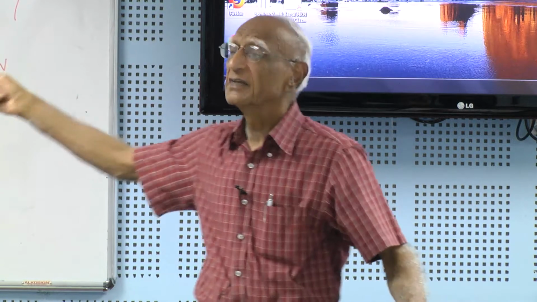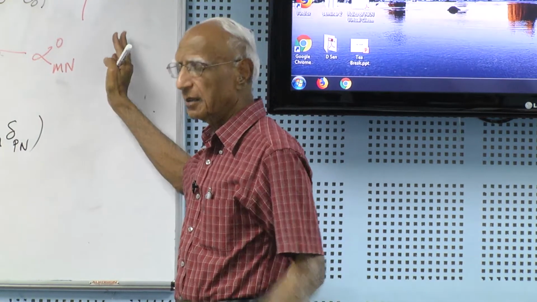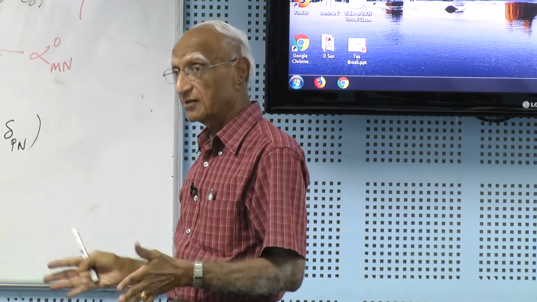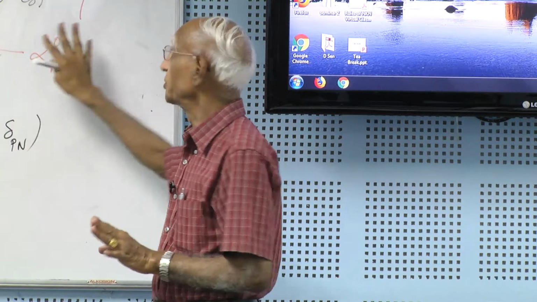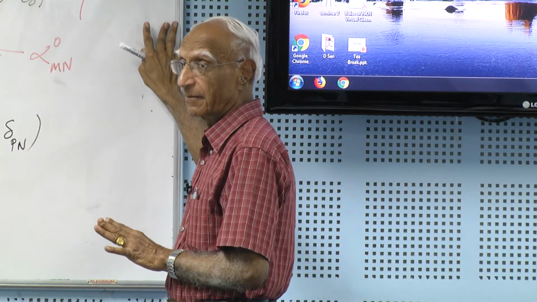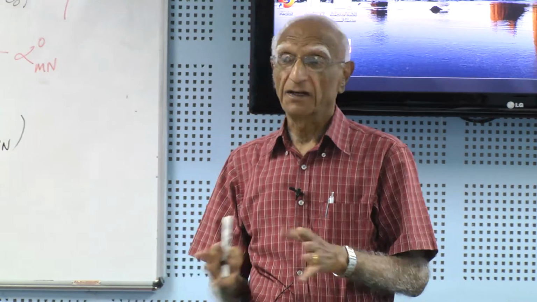Okay, so I think the answer to your question is, this is an approximation. This is one class of materials now. If you don't like this, you can keep the next terms, and then you will get a different class of materials. And if you don't like that, you keep more terms or do experiments.